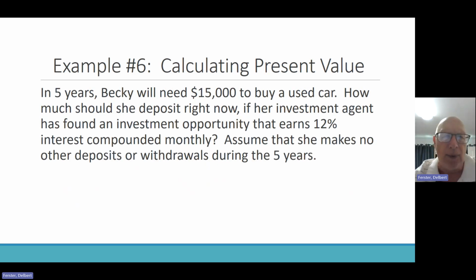Here's our first example in this video set. 5 years from now, Becky needs 15 grand so she can buy a used car. I've got a good opportunity: I can get 12% compounded monthly. How much should I put in right now, knowing that at the end of 5 years my current investment would be worth $15,000?